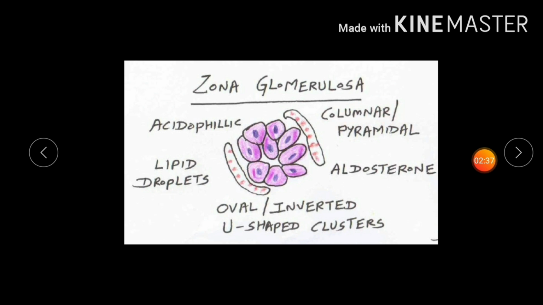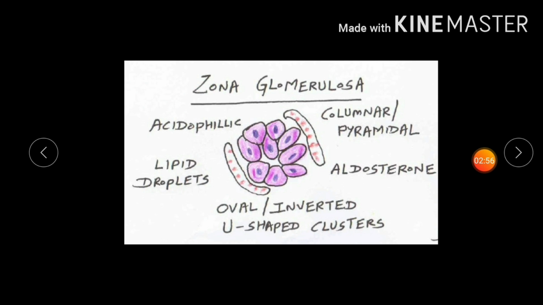These groups of cells are separated from each other by capillaries containing blood. The hormone produced by the glomerulosa is aldosterone, which is mainly concerned with water and electrolyte balance.